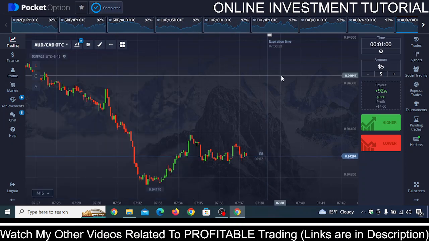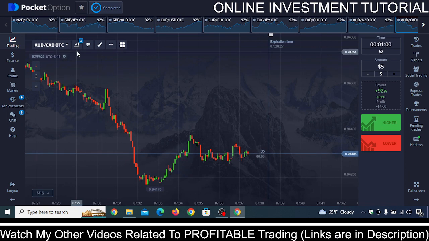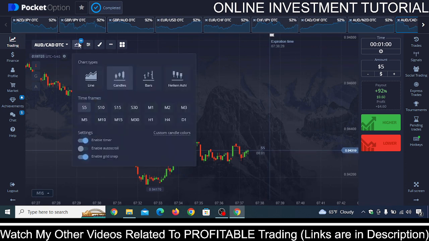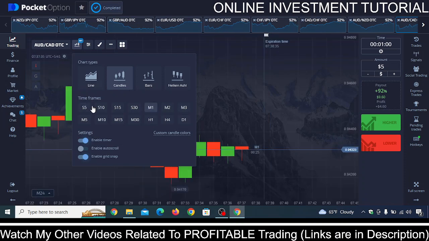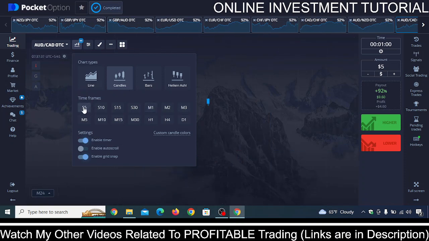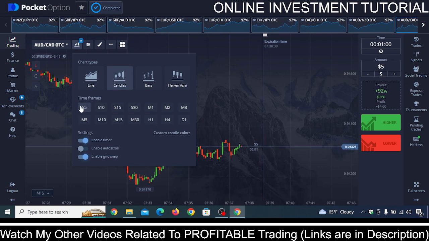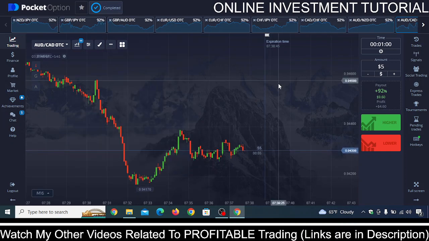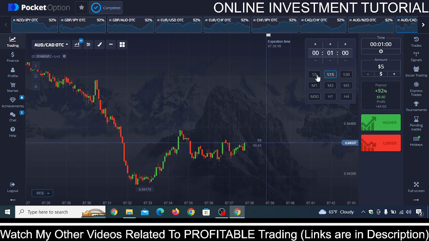Now another thing is candles. What time frame do you want to trade on? If you want to trade on 1 minute, you can select the 1 minute candle. If you want to trade on a 5 second time frame, you can select that. So I will select the 5 second time frame for now, and just make it S5.